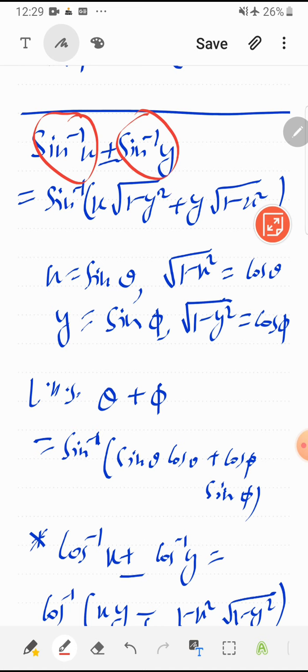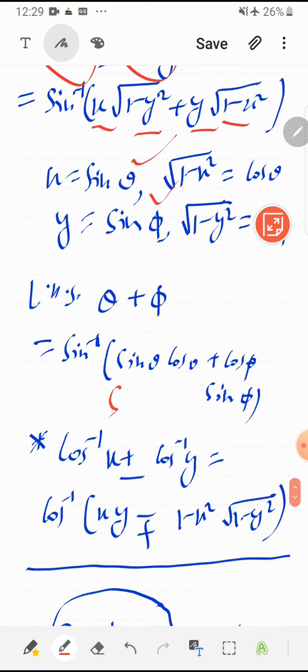So if I put x as sin theta and y as sin phi on both sides, you can see here it is theta and here it is phi, and in the right hand side it is sin theta cos phi plus cos theta sin phi, which is sin of a plus b or sin of theta plus phi, and outside is sin inverse. So we are left with theta plus phi only. Same is the formula for cos inverse. So we should remember these formulae.